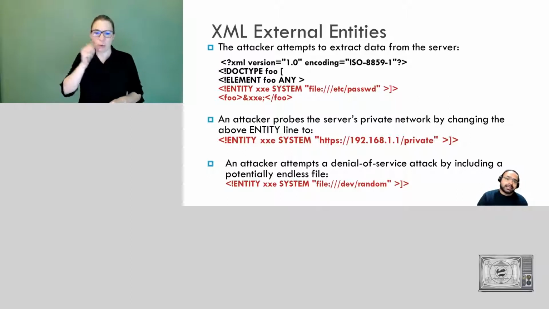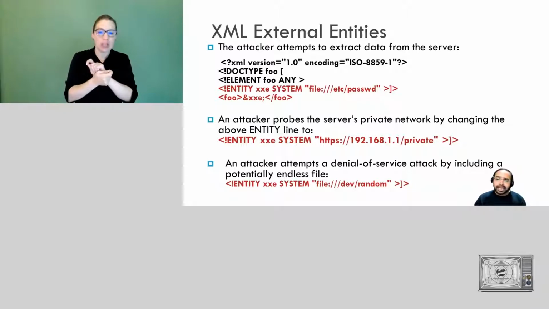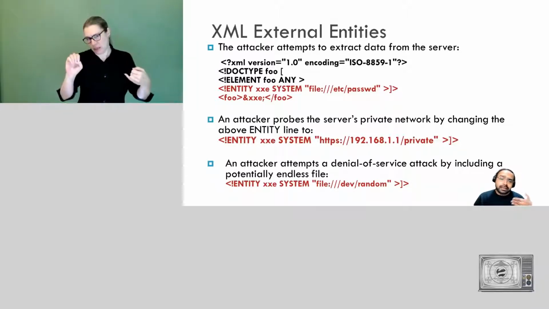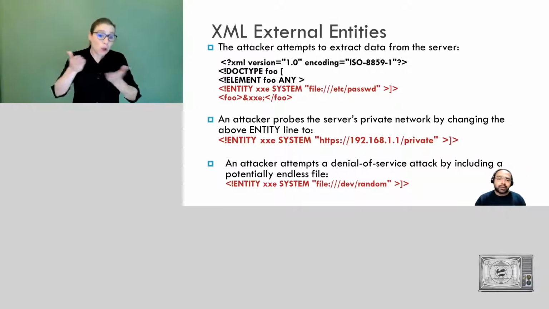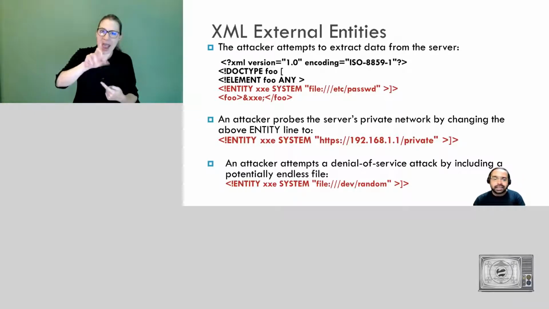And similarly, he can link the entity to a private network by changing the above line to the IP address /private. Then the attacker can also perform a denial of service attack by potentially pointing it to an endless file, so /dev/random.